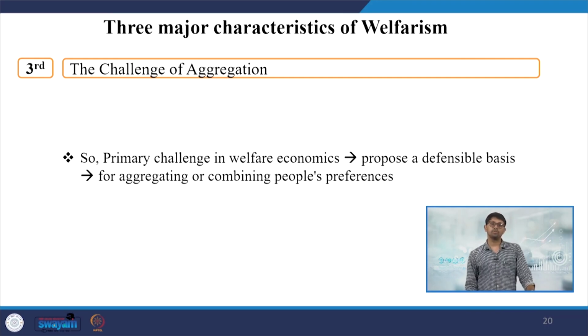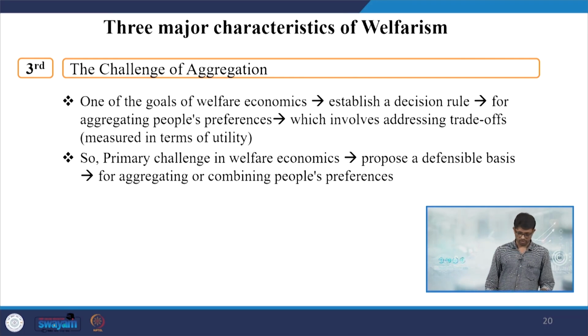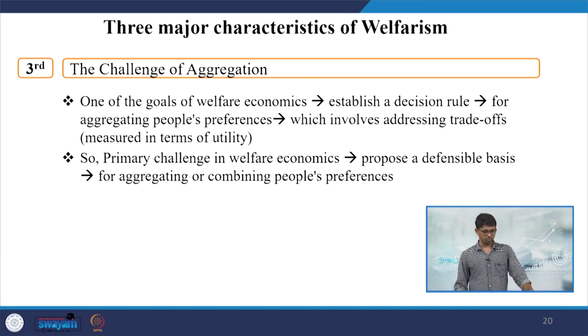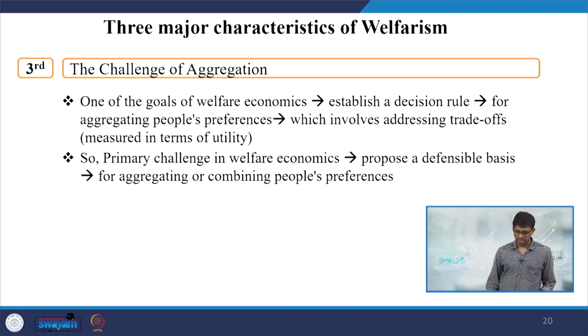The third one is the challenge of aggregation, which is very difficult. The primary challenge in welfare economics is to propose a defensible basis for aggregating and combining people's preferences. One of the goals is to establish a decision rule for aggregating the choice functions of people, which involves addressing trade-offs measured in terms of their utility.